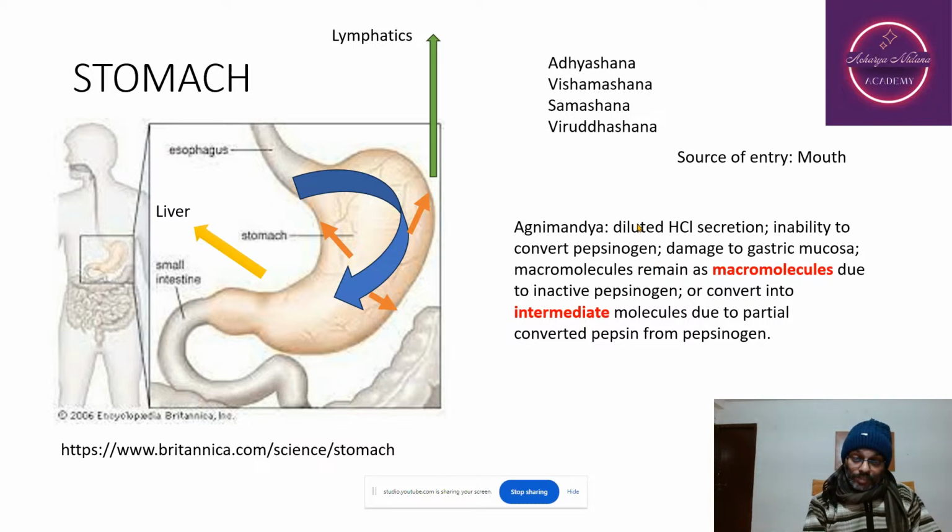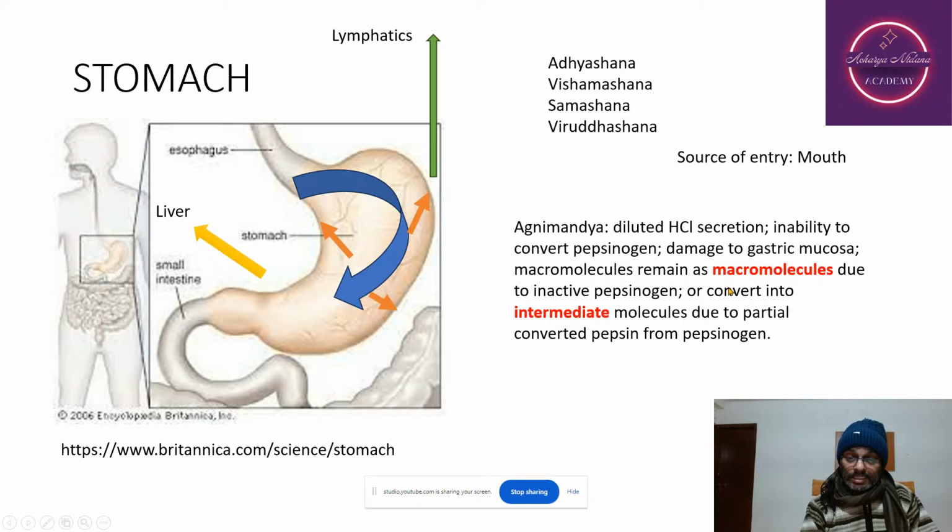Because of that, there may be a possibility of an inflammatory reaction in the stomach, and thereby damage to the gastric mucosa. These are the three major functions that may be happening because of the Agni-mandya.